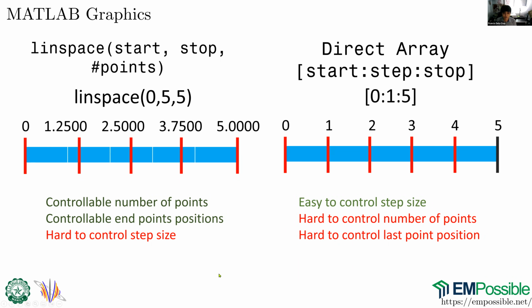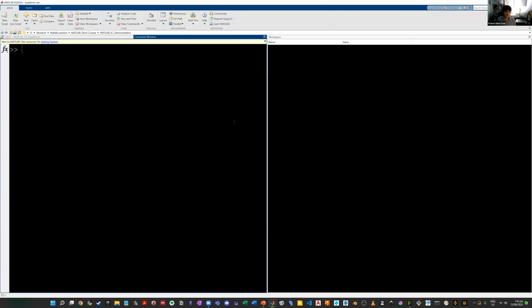So let's go back to our MATLAB. We will use first the command window so that you would be familiarized with using it. You have this MATLAB interface, you have the command window, you have the workspace. You can see all of the defined variables in the workspace. For example, I want to make an array of numbers, and I will use linspace.